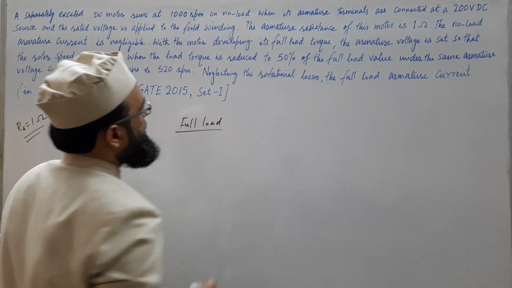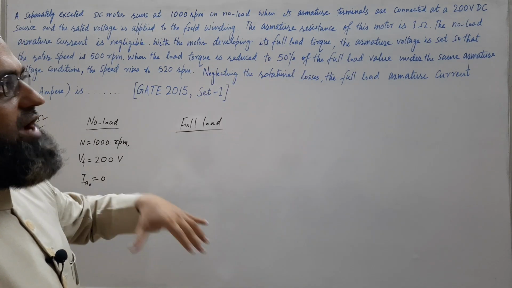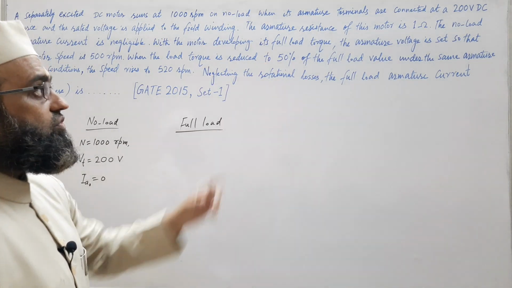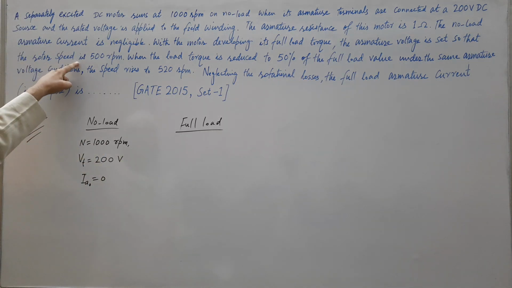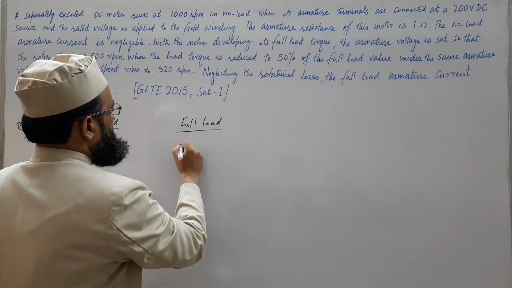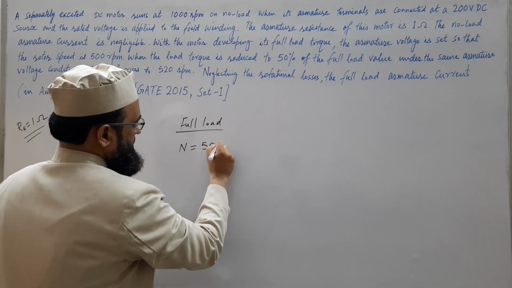So, at full load the armature voltage is set. Armature voltage is adjusted so that it rotates at a speed of 500 rpm. So, here N is 500 rpm.